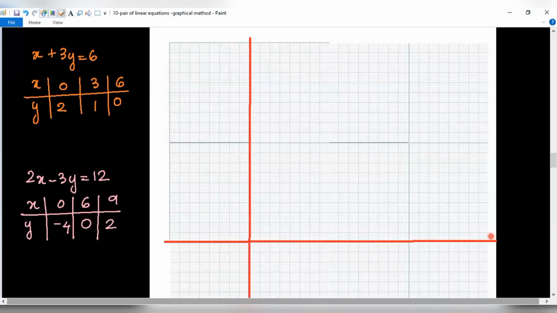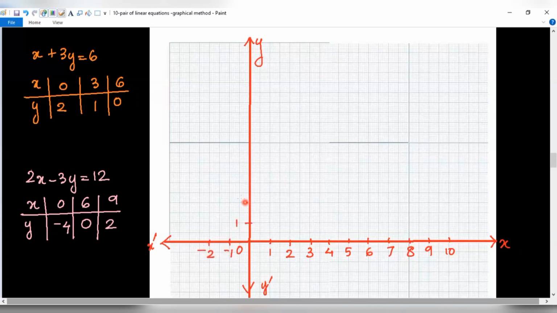Okay. This is x. This is x bar. This is origin. This is y. And this is y bar. Okay. So here also not that much big values, no. So here let us take it as 1, 2, 3, 4, 5, 6, 7, 8, 9. 9 is the maximum value for x, right? So it is possible to plot these values here and here -1, -2 like that.